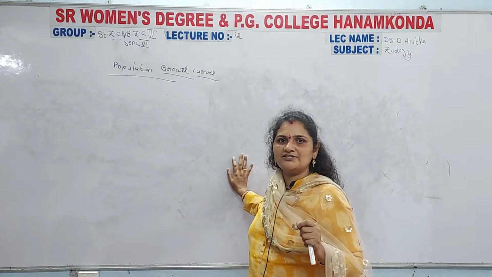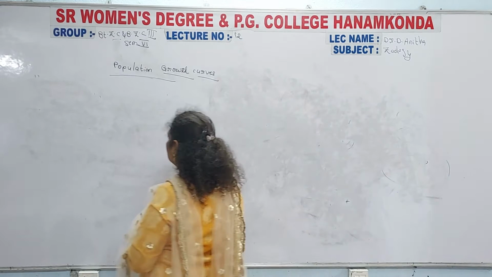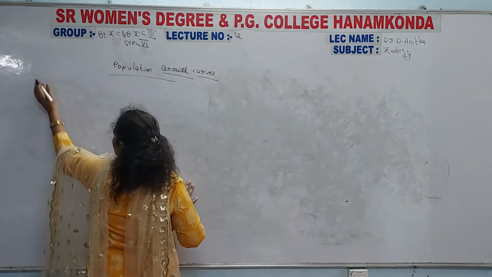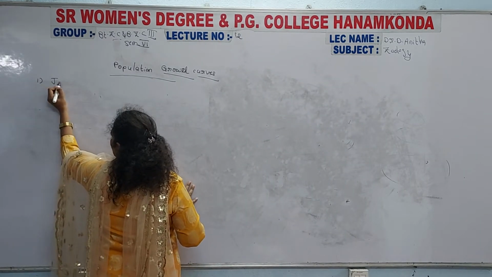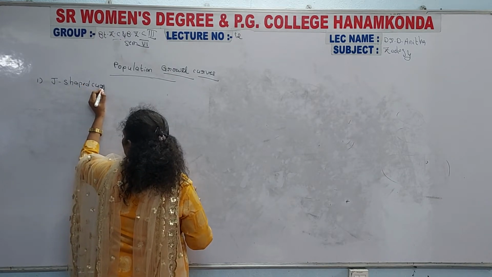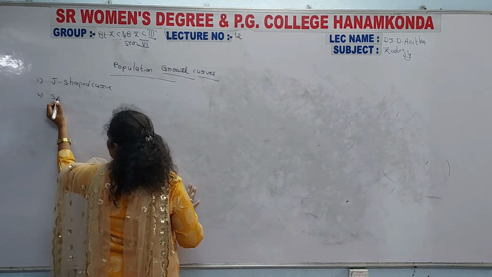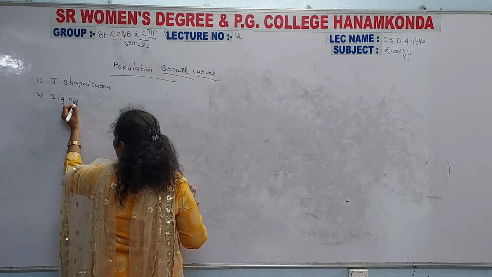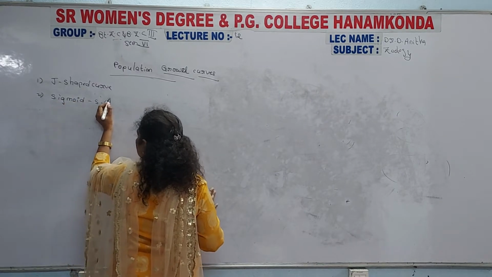So these population growth curves are mainly of two types: one is the J-shaped curve, and another one is the sigmoid or S-shaped curve.